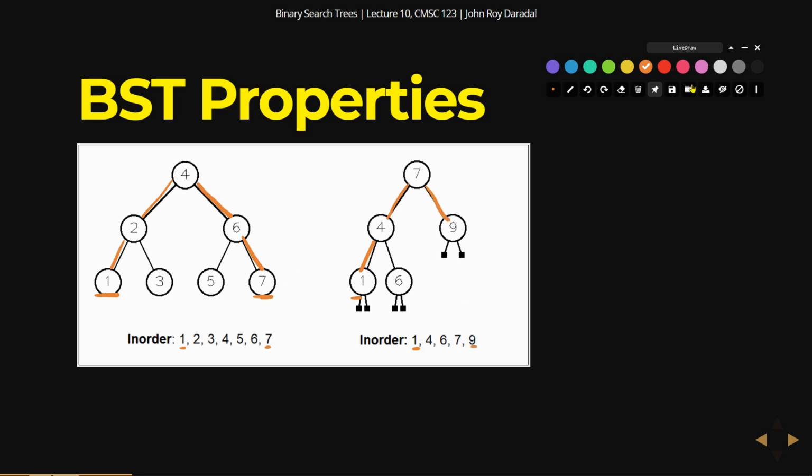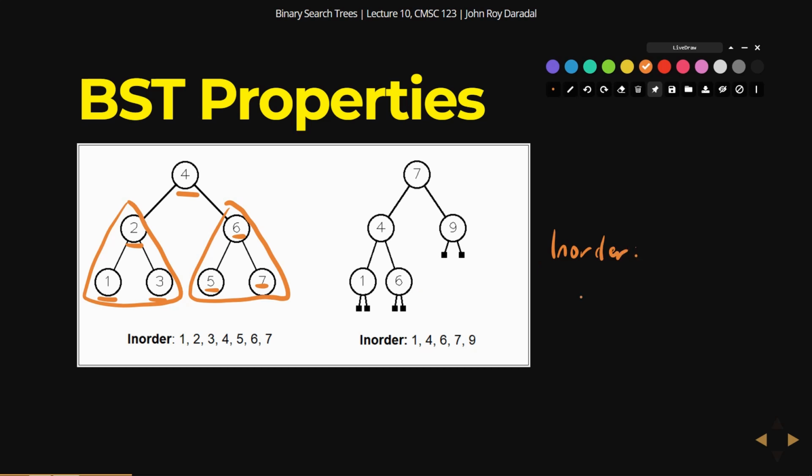Then if you do the in order traversal, you have 1, 2, then 3, and since this left subtree is done, you go to the root, which is 4, and then the right subtree, so 5, 6, and then 7. Remember, in order traversal is left, then node, then right.